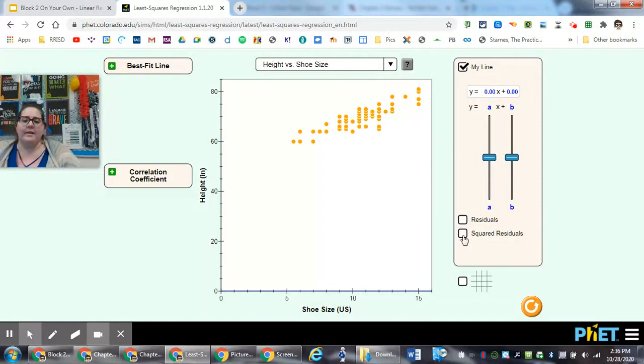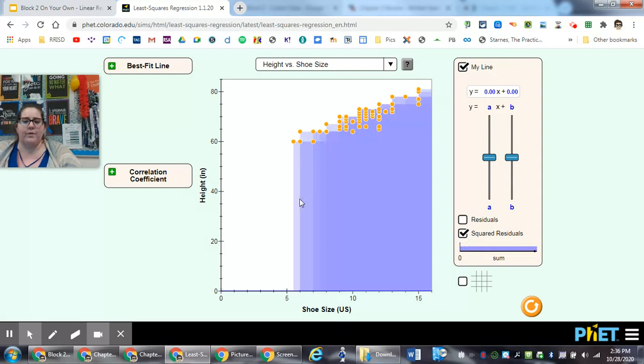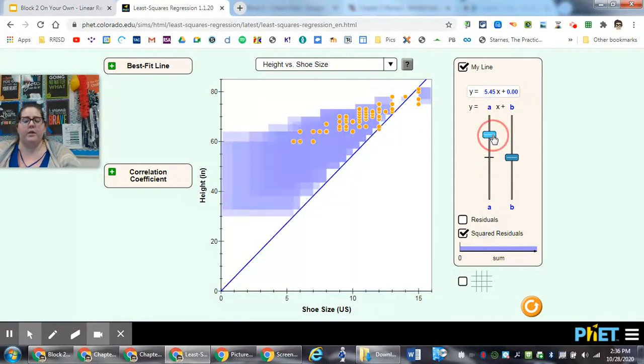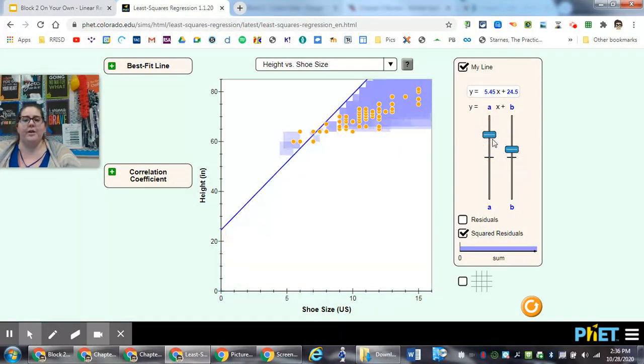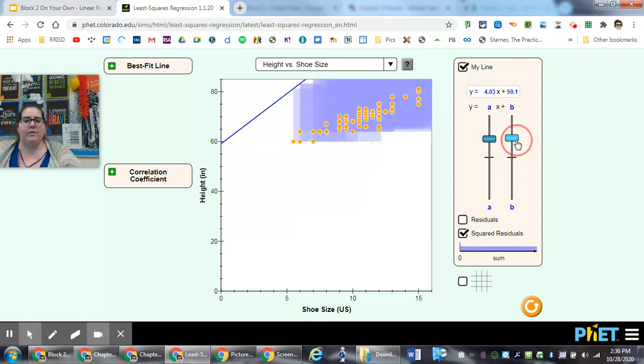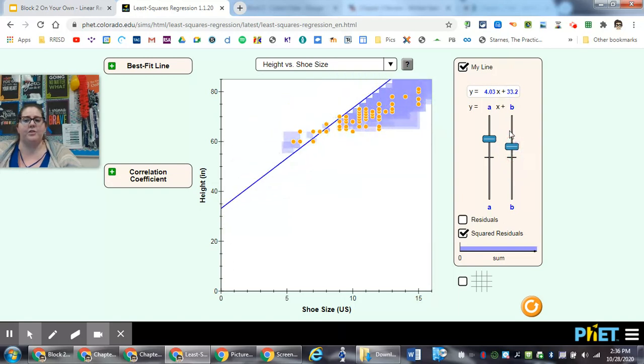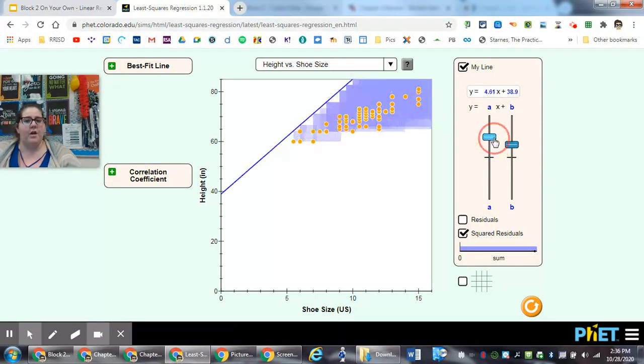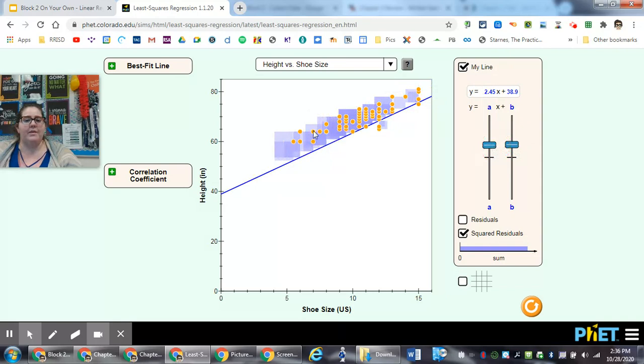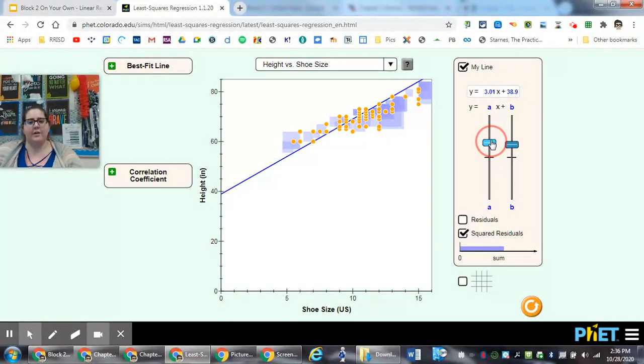So basically, the squared residuals represent this. If I'm trying to guess the line of best fit, maybe I'm trying to figure out what the slope and the y-intercept should be to make this line work. If you look carefully, each of these is finding the distance and then squaring that distance.